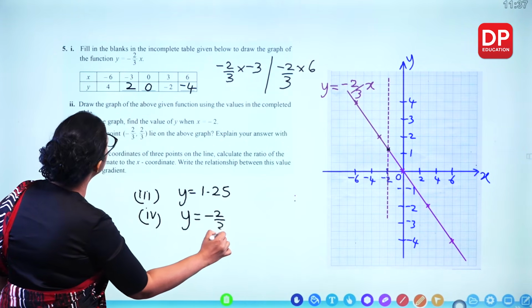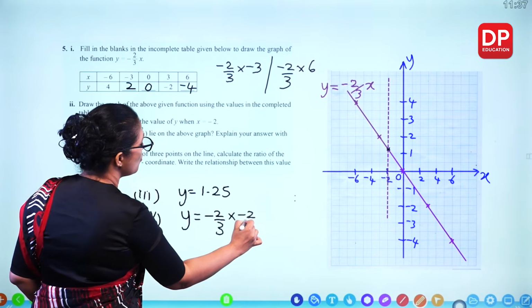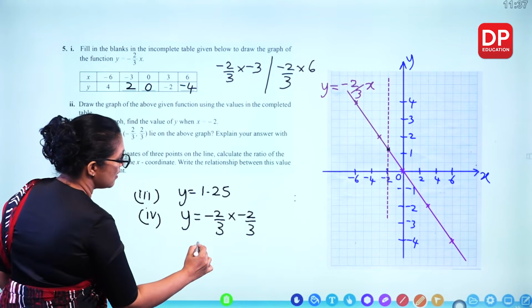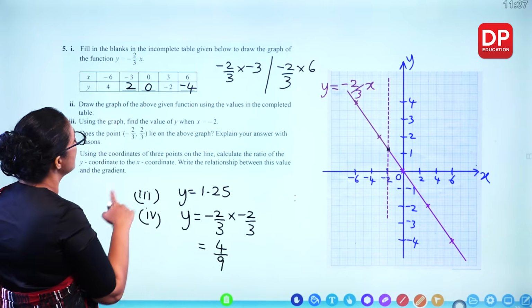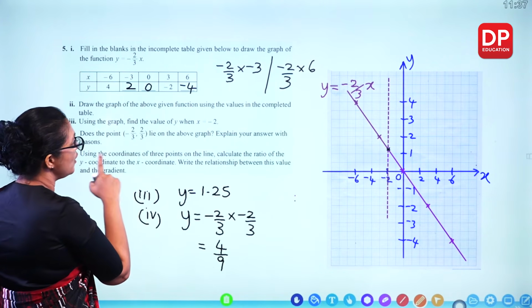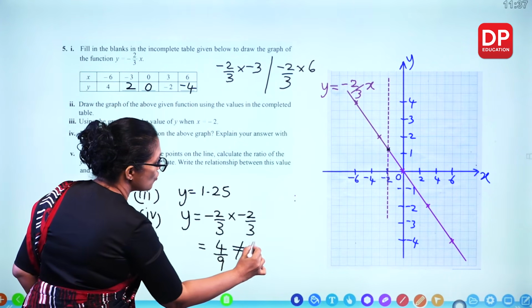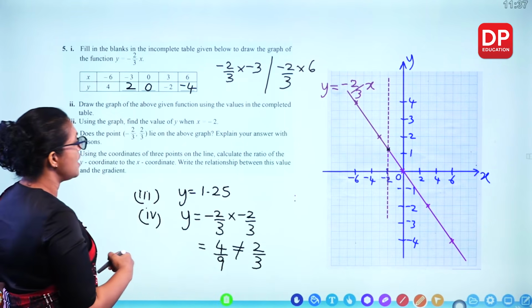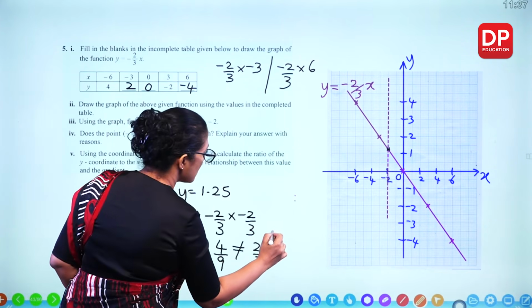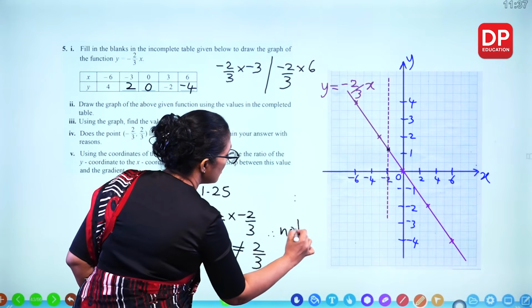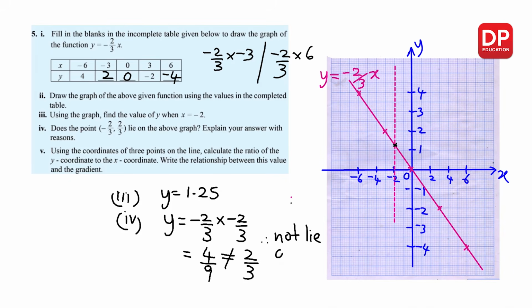Minus 2/3 into minus 2/3, you get 4/9. But it says the y value is 2/3. So that's not equal. So that means it does not lie on this graph.